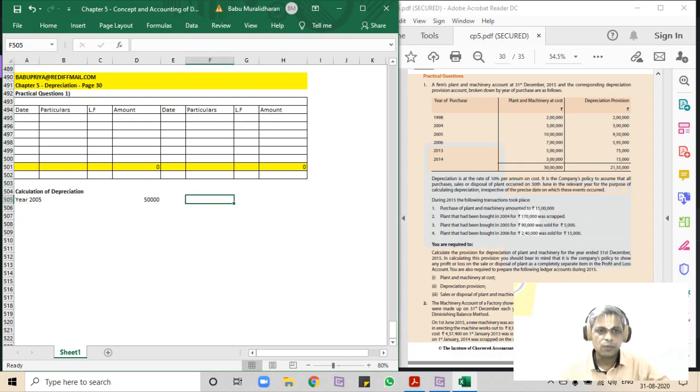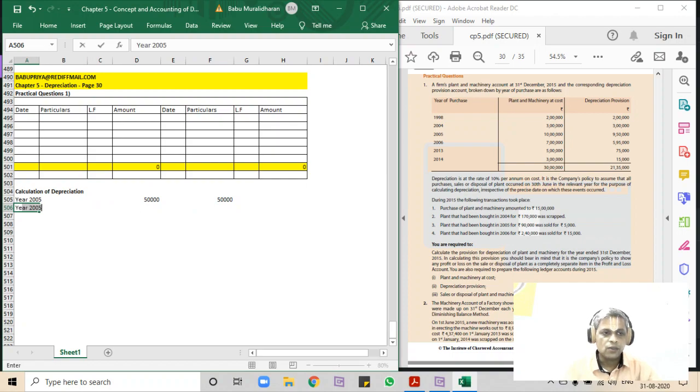Let's put this here: plant has been sold, right? 10 lakhs into 10 percent into 50 percent. Why? Because it has been assumed that for plant and machinery sold, depreciation has to be calculated up to 30th June. So 50 percent. That's the reason we are taking 50,000.